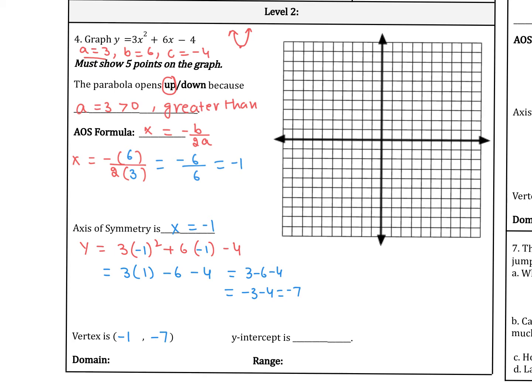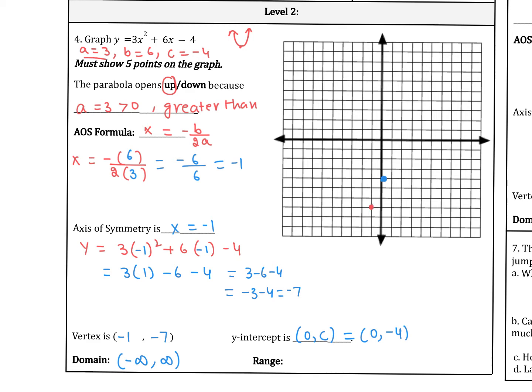For y-intercept, you normally put 0 comma c, and in this case the c is negative 4, so 0 comma negative 4 is your y-intercept. Domain for this one, always remember, is going to be negative infinity to infinity. So the vertex is going to be negative 1 comma negative 7.